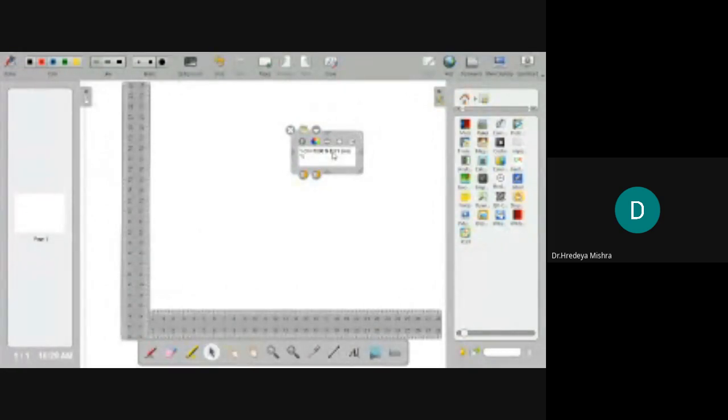And in the x axis, 1 centimeter equal to 1.5 mm. Okay, so this is our scale. So we just take it. Okay, now this is our scale.